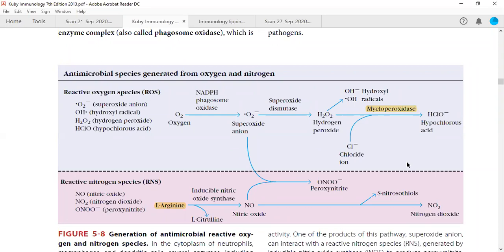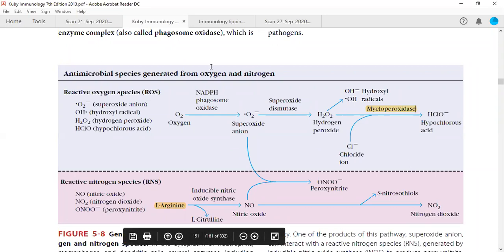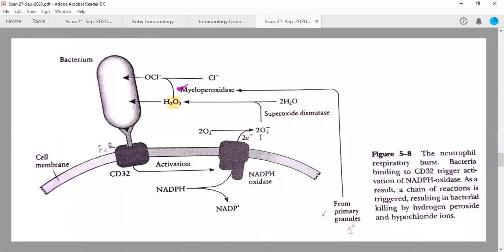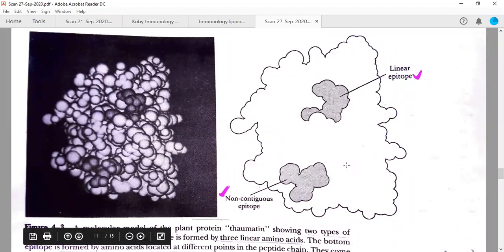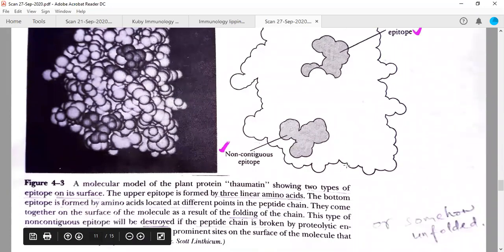We will discuss further in our next class. In the next class, we will discuss epitopes, haptens, hapten carrier conjugates, and all these things.